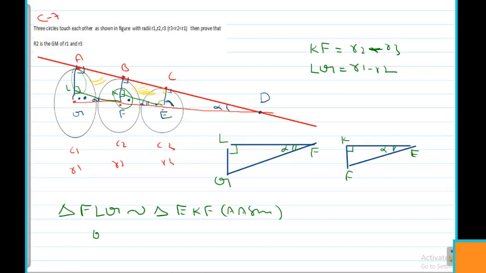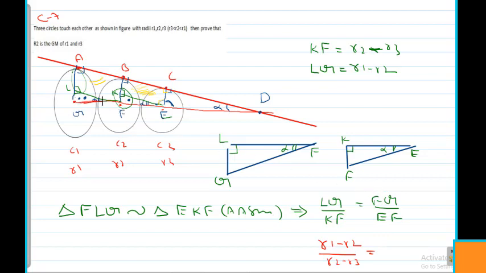So LG by KF equals FG by EF. Here LG is R1 minus R2, by KF, which is R2 minus R3, equals FG.